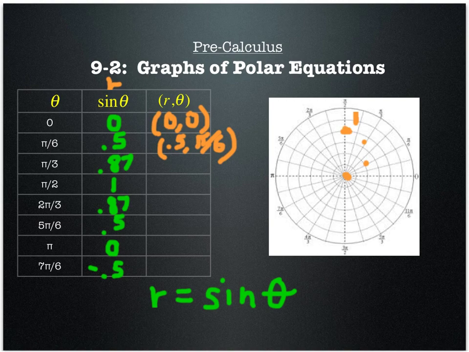And then 2 pi over 3 is that almost 0.9 again. And then at 5 pi over 6 we're at 0.5, then back to 0. Now when we start getting to this one right here, the 7 pi over 6, remember going in this direction would be a positive r value, but notice it goes negative, so really it's also graphed right here once again, like that.